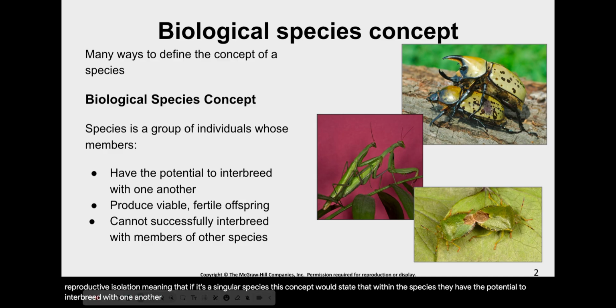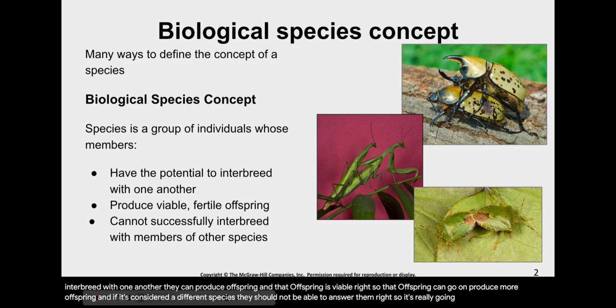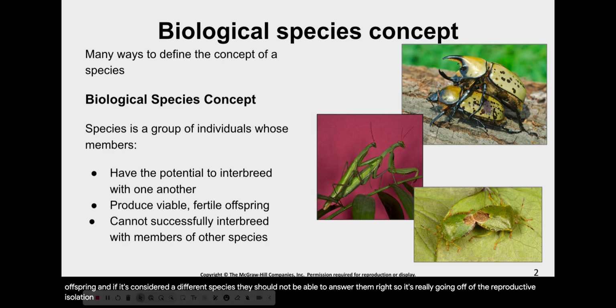They can produce offspring, and that offspring is viable, so that offspring can go on to produce more offspring. And if it's considered a different species, they should not be able to interbreed. So it's really going off of the reproductive isolation mechanism that we talked about on Tuesday.